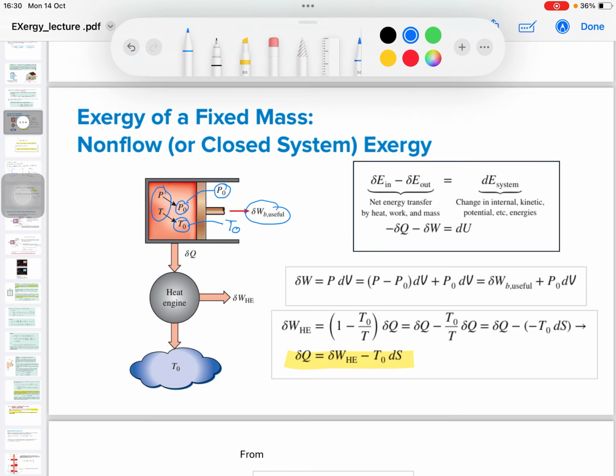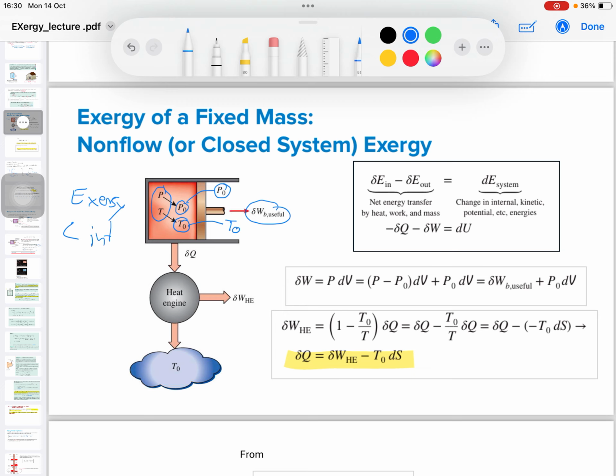Okay, so in this sense, I can say that the exergy of the gas inside the cylinder is less than the internal energy. It is less than the energy that I have in the system.